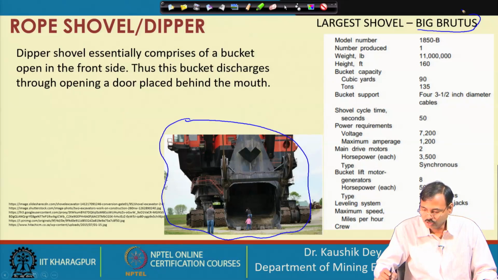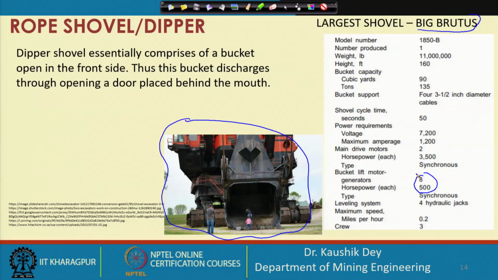You can see it has 8 motors of 500 HP, and the capacity is 90 cubic yards, which can take a 135 ton load at one time. This is the largest excavator, or largest shovel, made, I think, in the 1960s. So, this is a very big rope shovel, or dipper shovel.